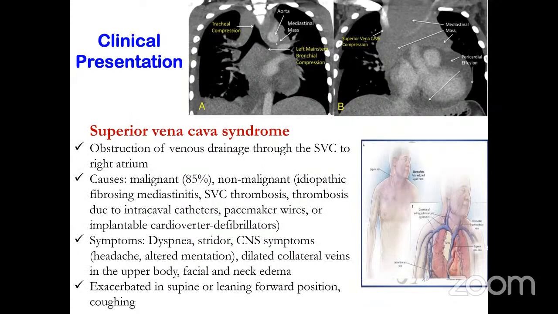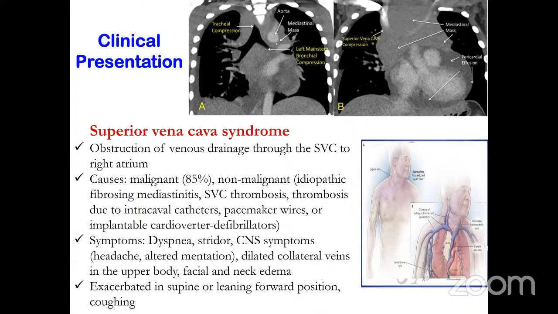In case they compress vascular structures, the most common vascular structure is the SVC, and that can lead to decreased drainage of the SVC drainage area. Majority of the time it is malignant, involving various mediastinal structures and especially the apical portion of the lungs. But sometimes there are other non-malignant causes, in almost 15% of cases.